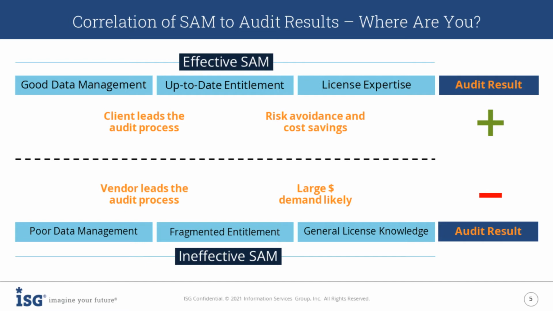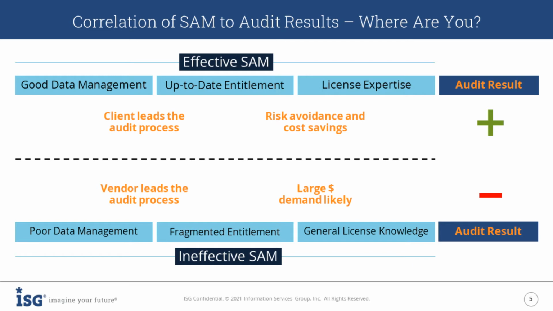At the end of the day, through an audit process, this will help you avoid risk and findings, and of course, at the same time, potentially reduce your cost. As you execute effective software asset management, it puts you in a position where you can actually lead the audit process. And as noted on the right, your audit result will be positive. You will not be writing a big check.